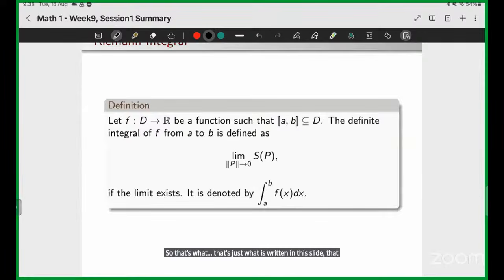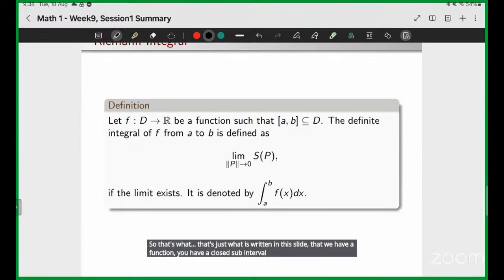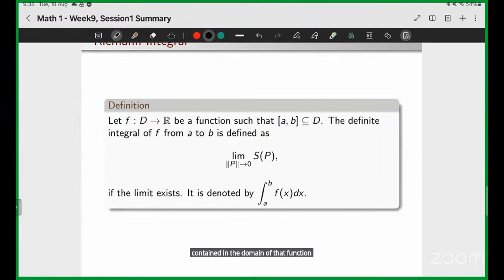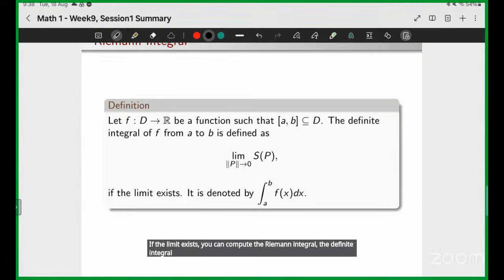There we have a function, and you have a closed subinterval contained in the domain of that function. If the limit exists, you can compute the Riemann integral, the definite integral of the function from a to b.